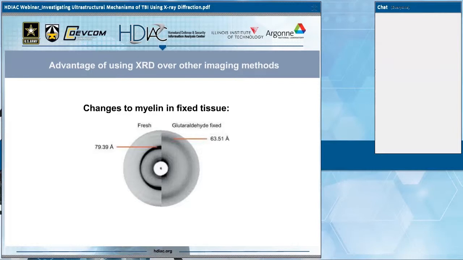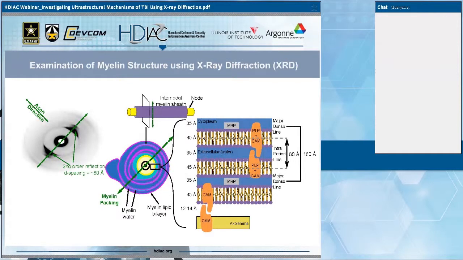Even though this is a very harsh method of fixing, fixing may be very useful for techniques that don't penetrate to this level of resolution. And as we find out in this study, this change from the sample treatment is right in the region of the changes that occur to myelin packing on that initial impact that leads to that first structural change.